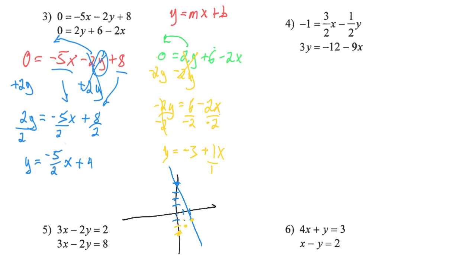Up 1, right 1. All right, so now I've got where they meet. So that's all I'm looking for, is that intersection point. So the x would be positive 2, and the y would be negative 1. Okay, so remember, when you're solving a system of equations, you're looking for the point where they intersect.